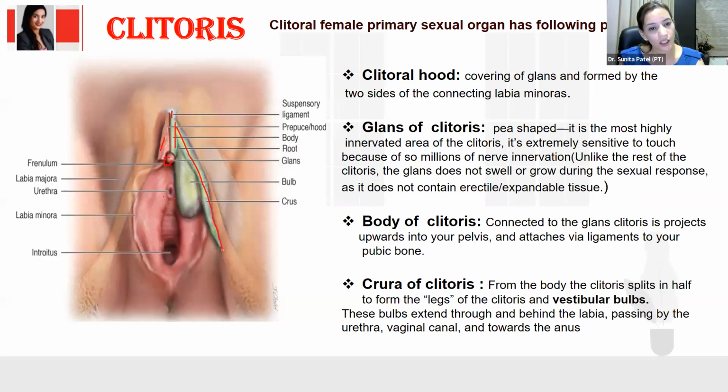The legs are quite long, and they follow all the way up to the pubic rami. During sexual arousal, the legs of the clitoris can go for erection. From the root we have one more structure, the bulb of the vestibule, a sponge-like gland.